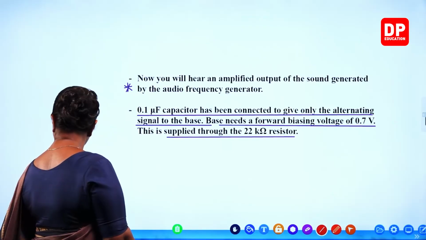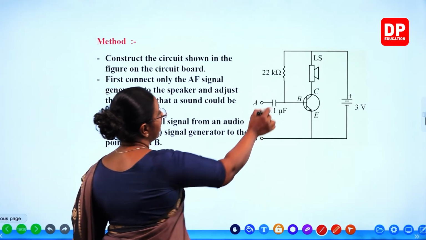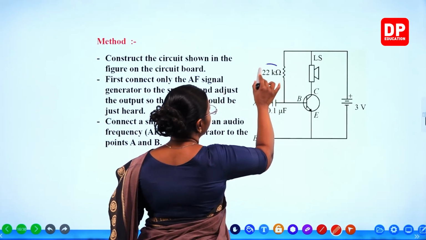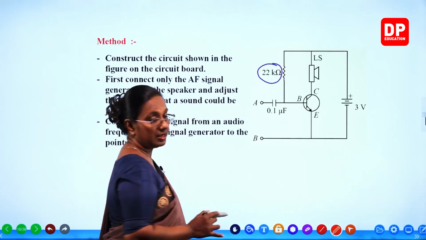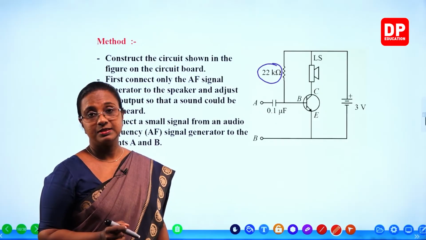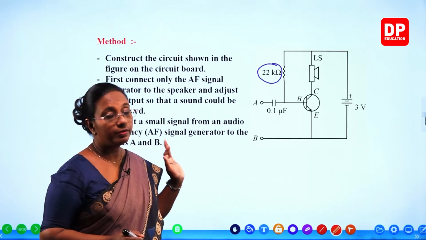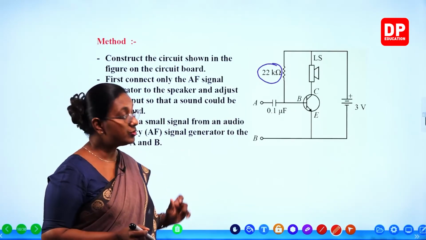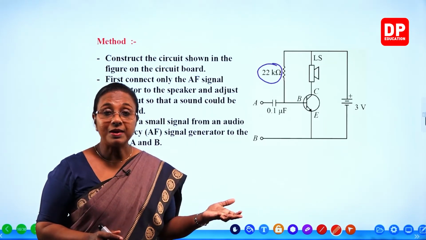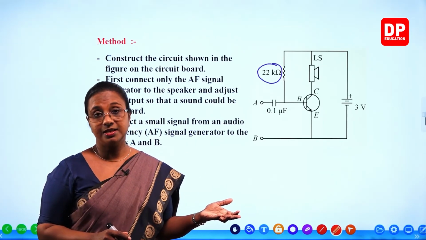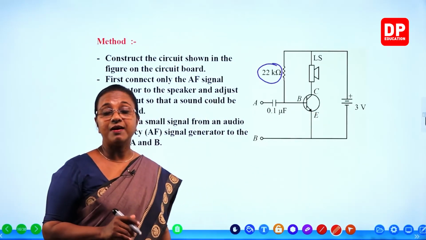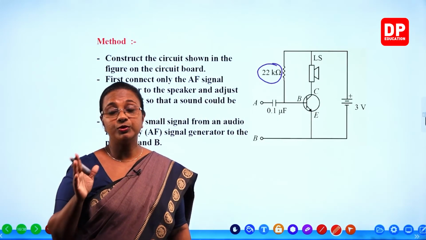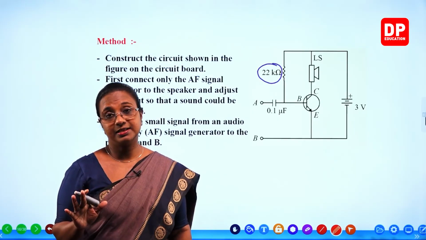Now you can remember in the diagram, here we have the 22 kilo ohm resistor. By connecting it here, the base is forward biased. So that when the audio frequency is supplied using the capacitor supplying an alternating signal, then there will be the signal being amplified and given as the output in the emitter collector circuit.